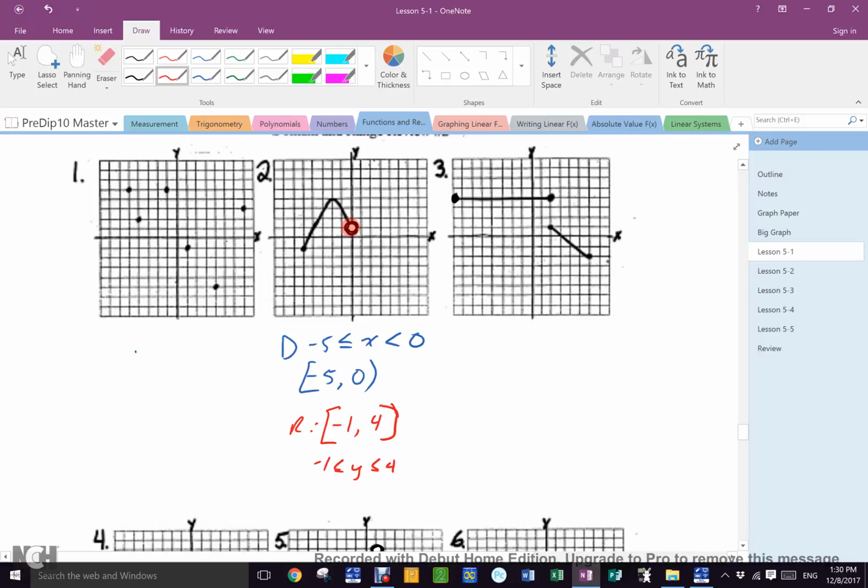There's no y equals 1. Yes, there is. Right there. Okay? And that is a function. That's a yes. This one. Domain.